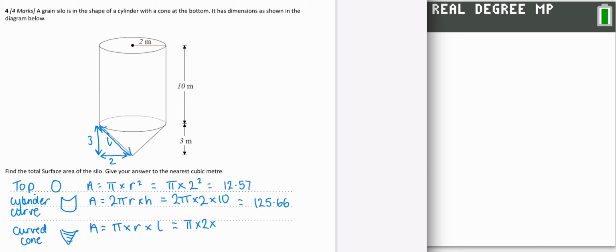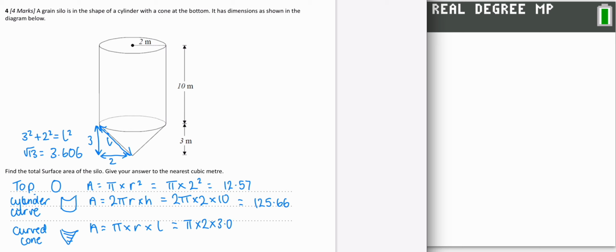So using Pythagoras, I can now find the length. So I have 3 squared plus 2 squared is equal to the length squared. And if I work that out, I get the square root of 13, or 3.606.